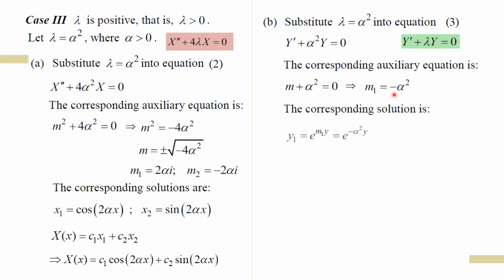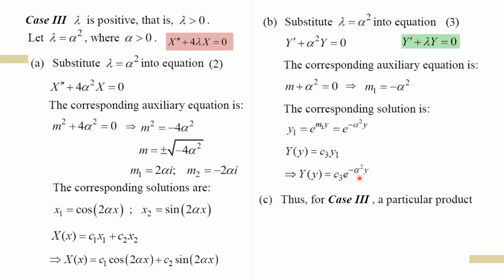Alright, now let us write down the solution. y1 is e to the m1 y. Now m1 is equals to negative alpha squared, and therefore y1 is e to the power of negative alpha squared y. So the general solution for the function y in terms of the variable y alone is c3 y1, which in this case is c3 e to the power of negative alpha squared y.